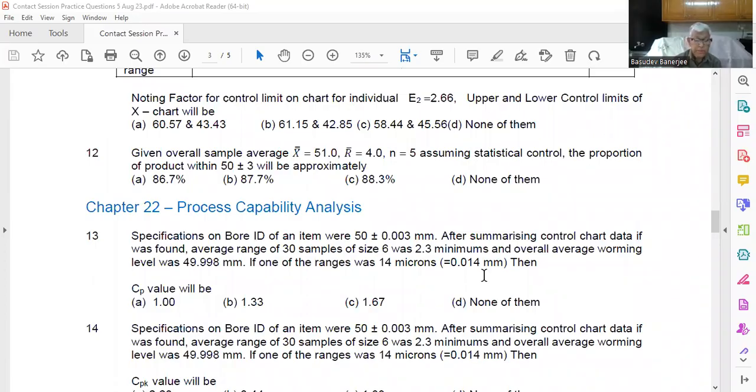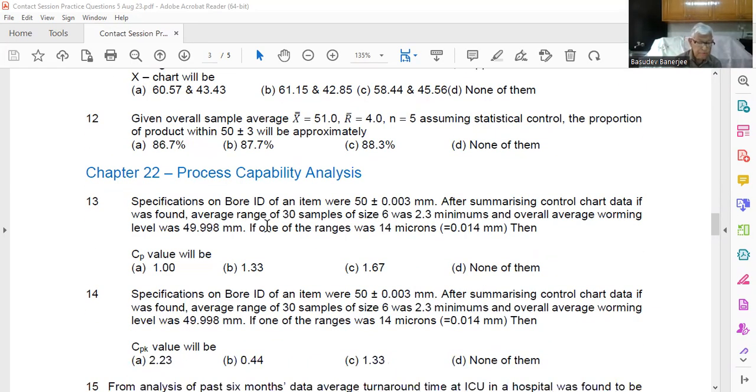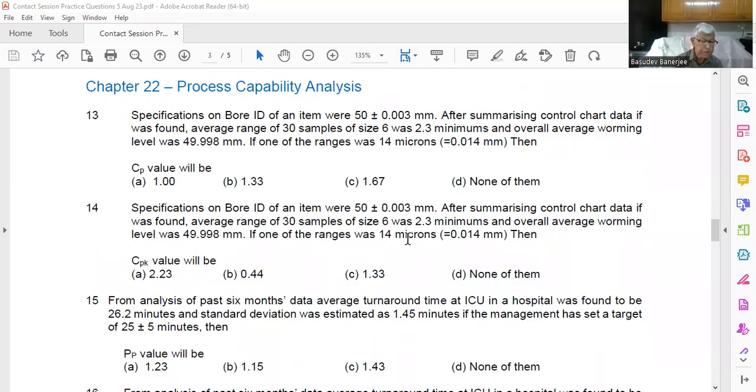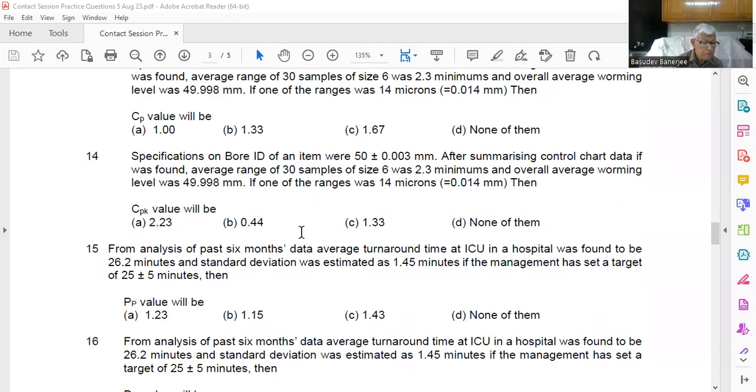This we have just worked out, 50 plus minus 0.03. Yeah, this also we have worked out. The ICU example you have just worked out.